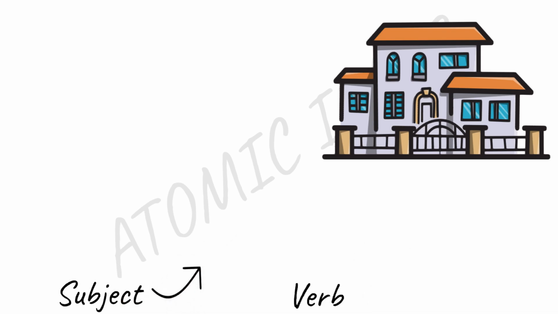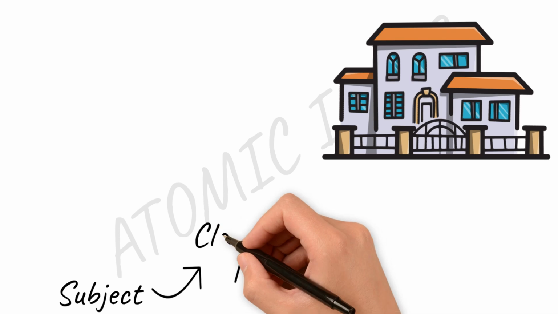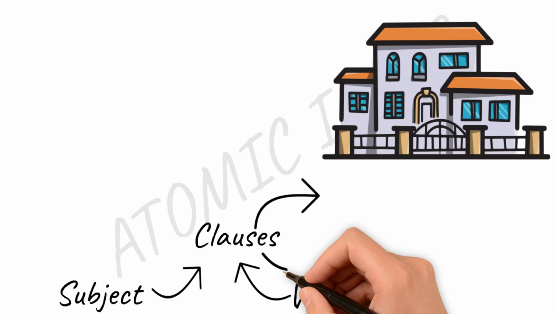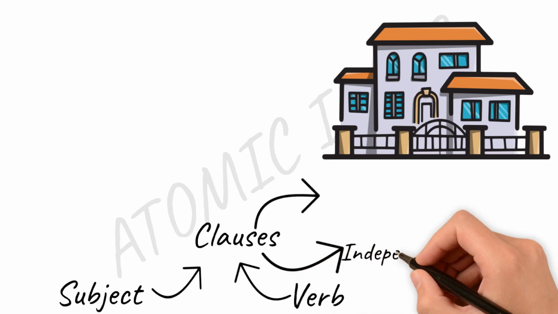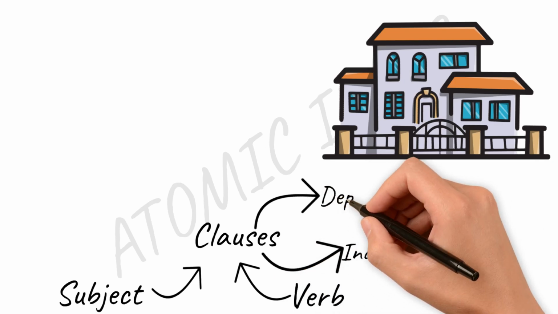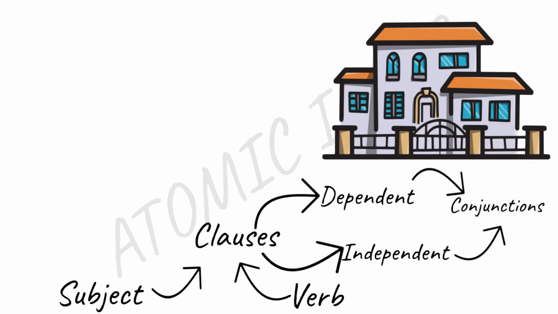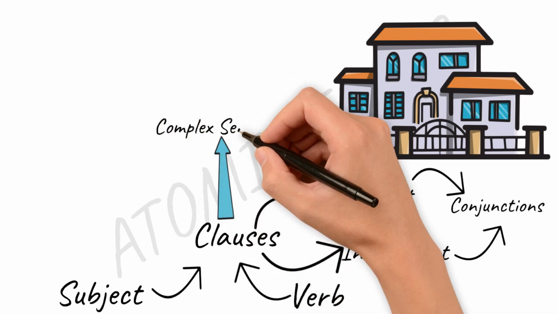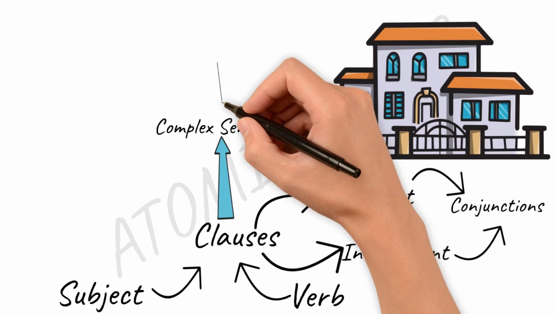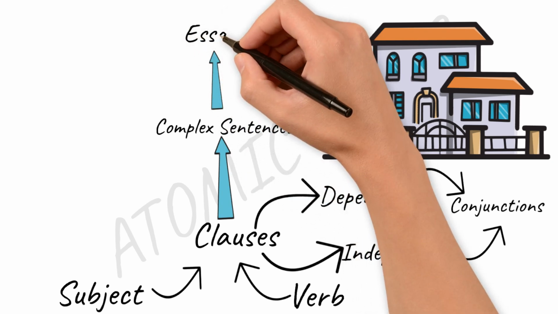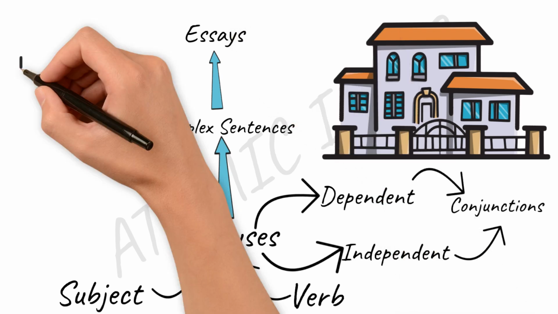An essay is like a well-built house, made up of various interconnected parts that work together to create a strong, coherent structure. Just as a house starts with a solid foundation of walls and beams, an essay begins with basic elements like subjects and verbs. These elements form clauses, which are like individual rooms. Some can stand alone, called independent clauses, while others need to be connected, often called dependent clauses.